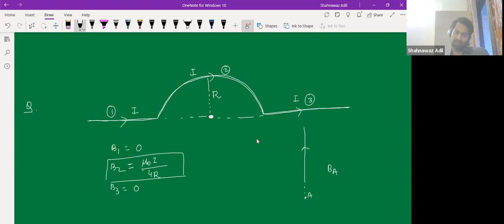Tariq and Chavez, inward or outward? Yes, guys. If we curl our fingers in the direction of the semicircular wire, what is the direction the thumb is pointing?